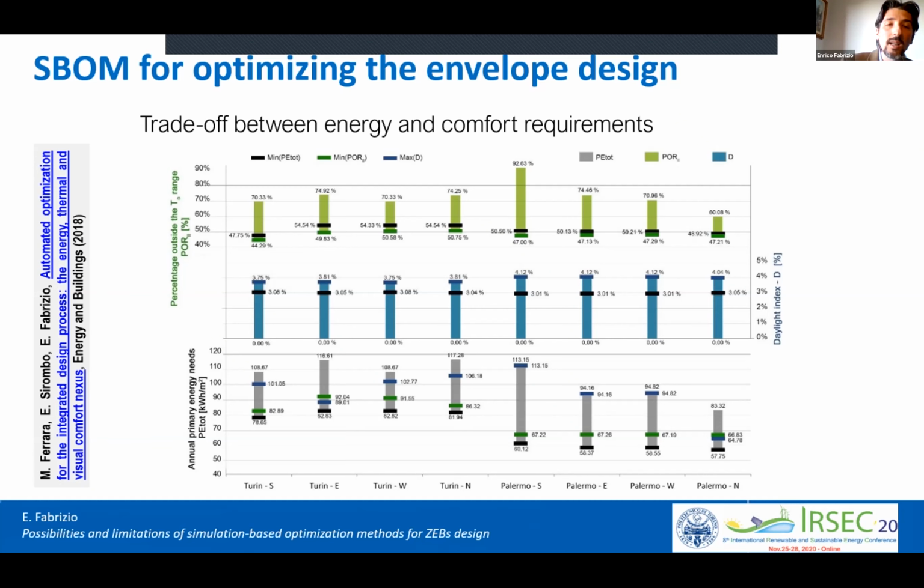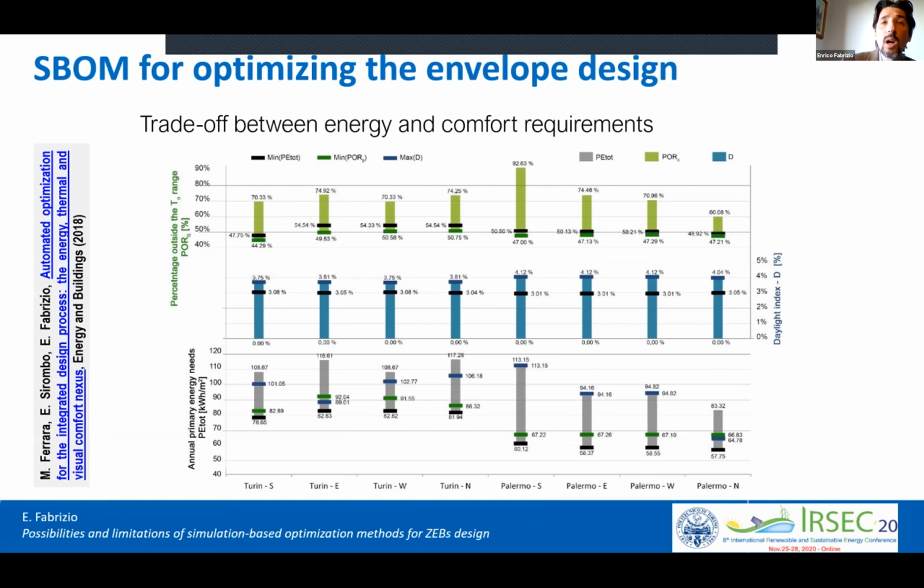What is quite evident is that on this side and also on this side, for the different locations and orientations, these are just two different locations, one more cold and one a bit more hot in Italy, the optimal energy value, this black one, is always near the optimal thermal discomfort, because the green and the black are quite near.